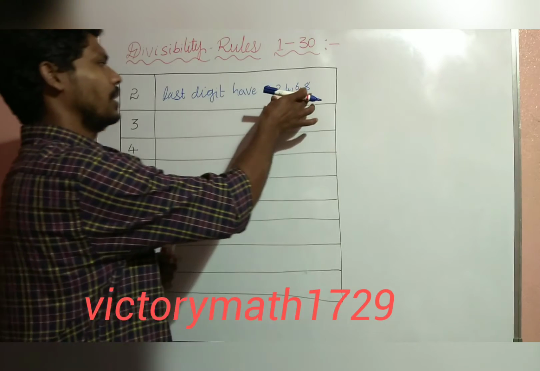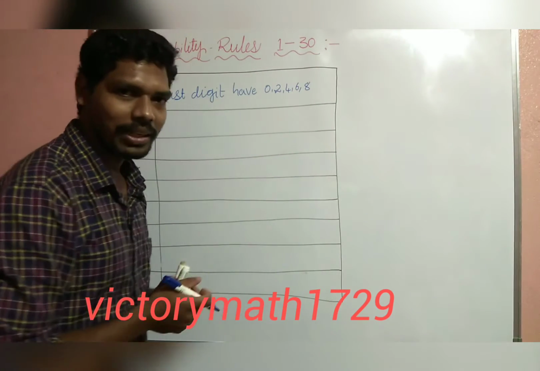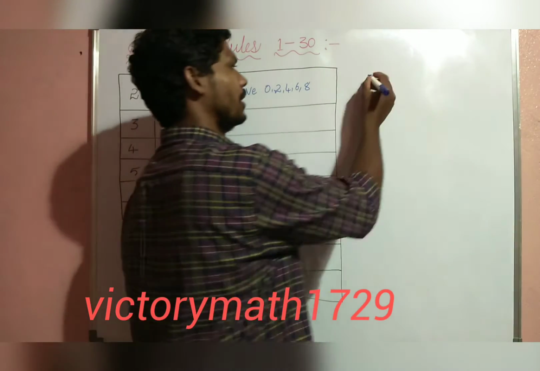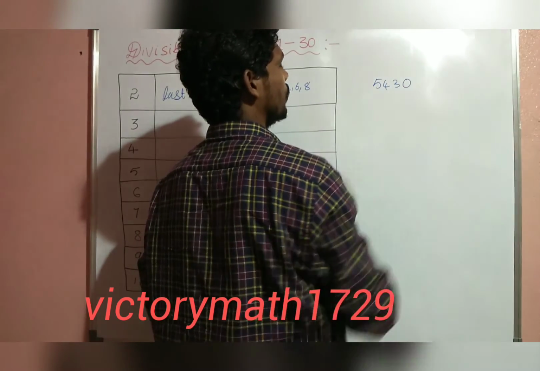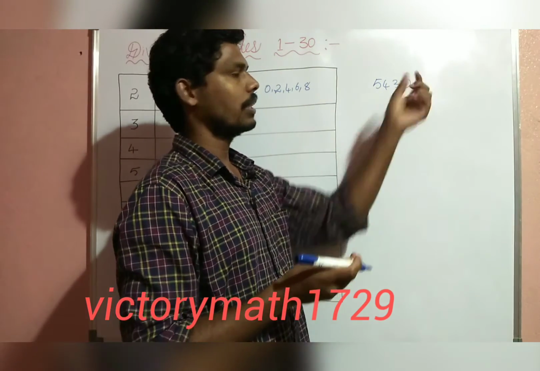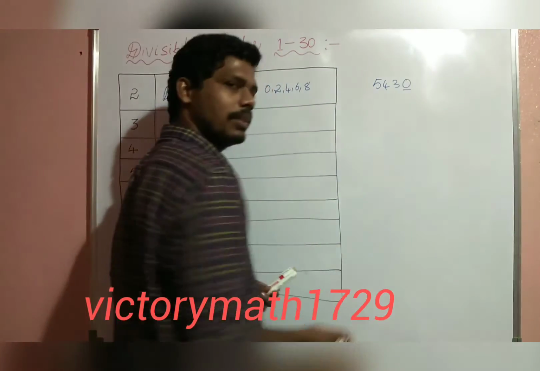If any one of these digits is at the ones place of the given number, then it is divisible by 2. For example, 5430. Is this divisible by 2? Yes. Why? Because the units place is 0.